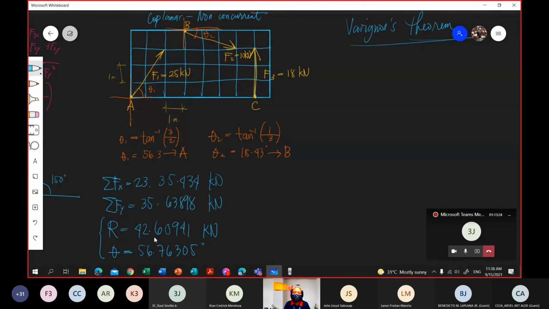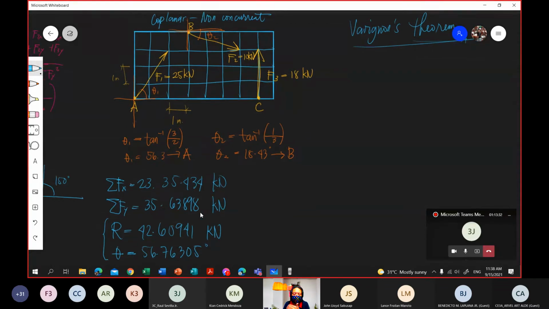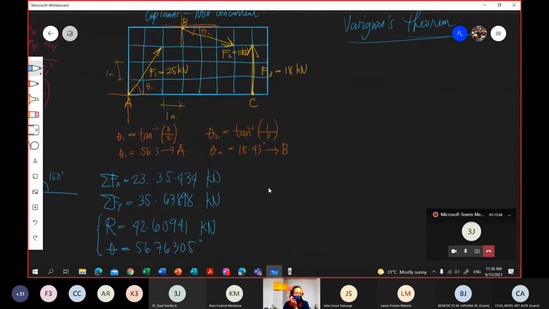The resultant is the net force, the sum of F1, F2, and F3. So the effect of F1, F2, F3 at any point on the system is equal to the effect of their resultant.